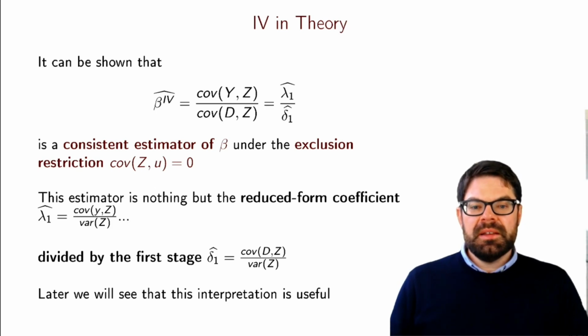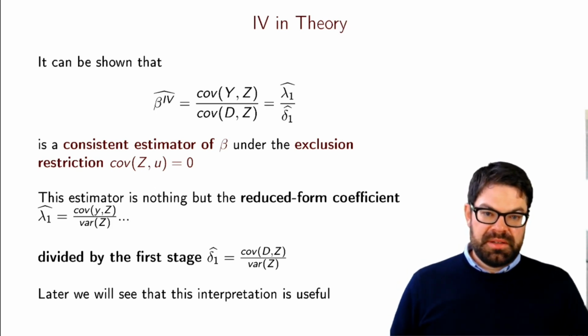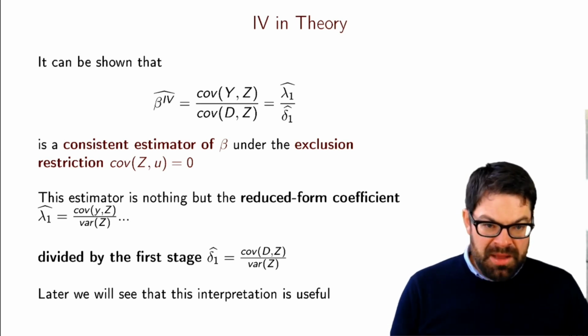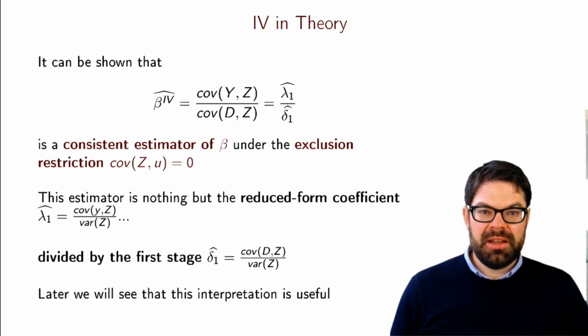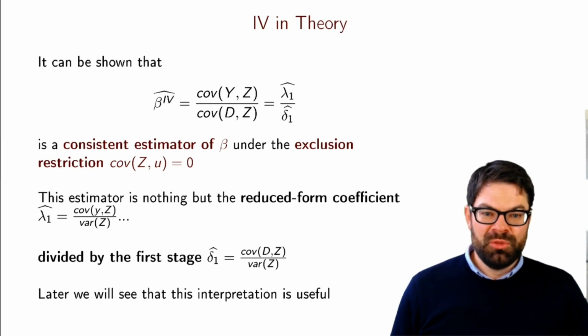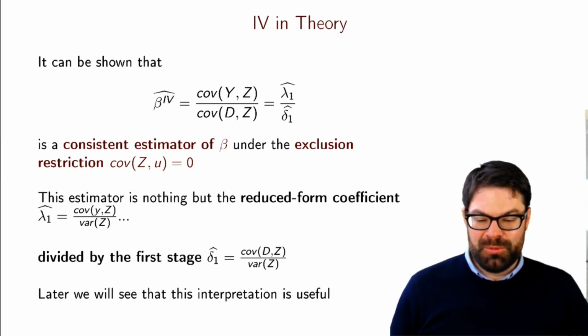If the instrument is valid, it gives us a consistent estimate of the relationship of interest. We want to take another look at the mechanics of instrumental variables, which we will encounter over and over again in this course. And if you do empirical work, you will encounter them over and over again.